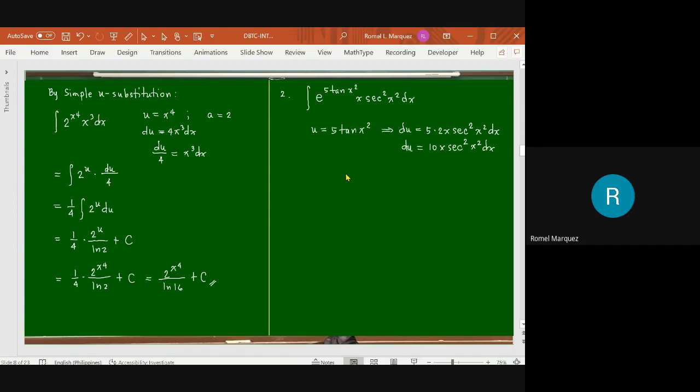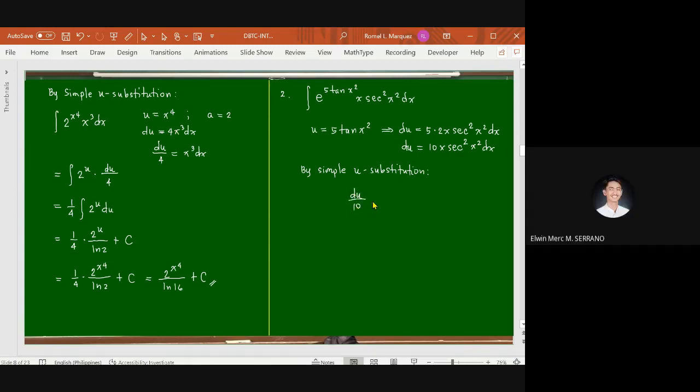Let's apply simple U substitution, meaning we're going to express everything in terms of u. So from here, what is x secant squared of x squared dx? That is du over 10.